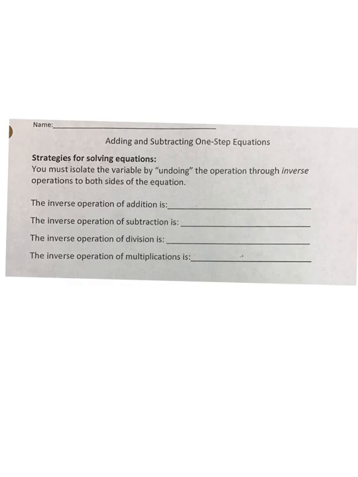Before we actually start, let's talk about what inverse operations are. The inverse operation of addition would be the opposite operation of addition, which is subtraction. The inverse operation of subtraction, or the opposite of subtraction, would be addition.